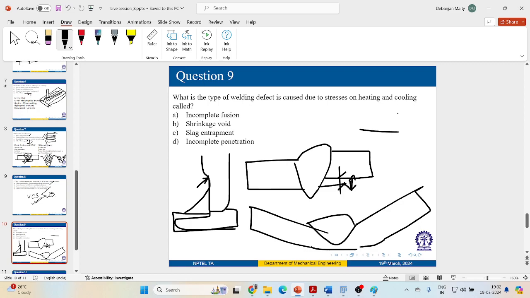Let me make it 2D, so there will be convexity of weld metal. There can be concavity, right? There can be concavity of weld metal. So it all depends on what your weld parameters are, what current you are using, what voltage you are using, and then what your travel speed, welding speed, is.